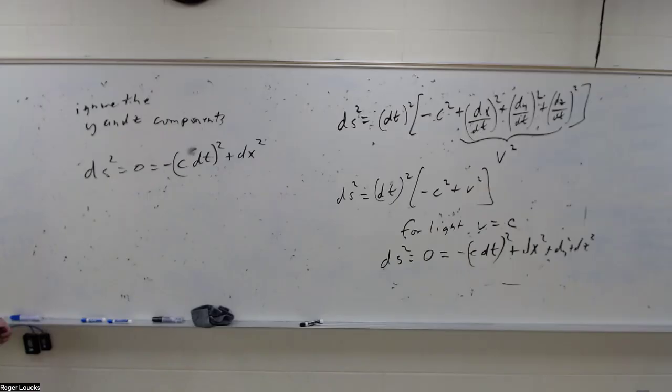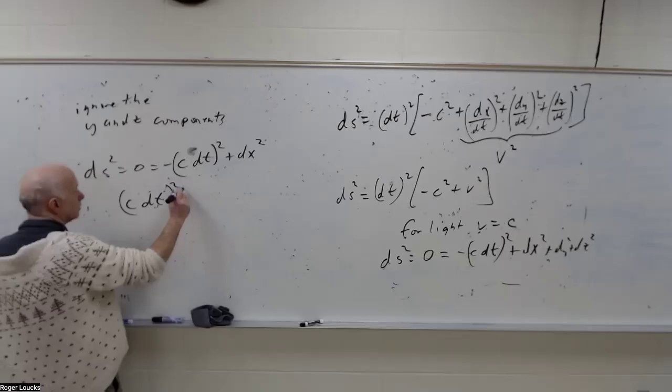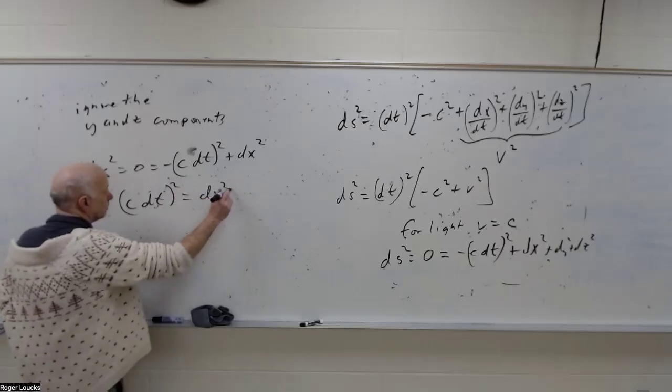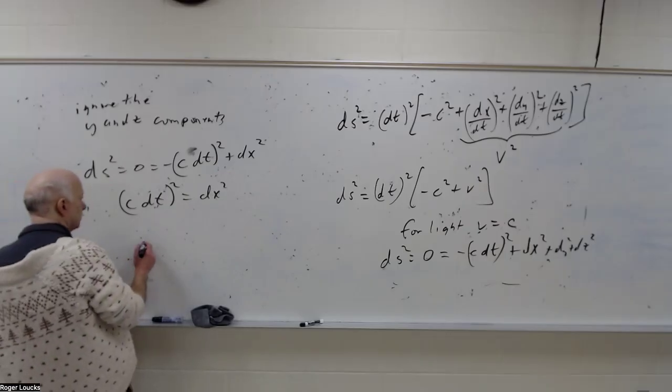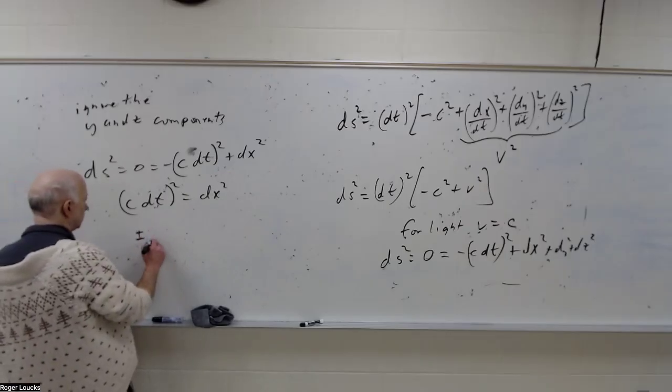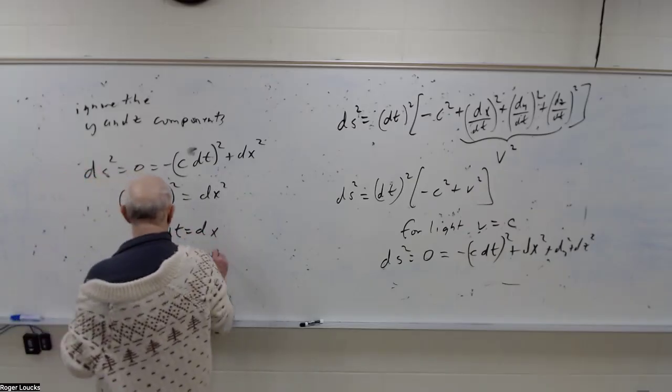We get that right here. And so what does that give me? This tells me that c dt squared equals dx squared. I can take the square root of this, and I get plus or minus c dt equals dx.